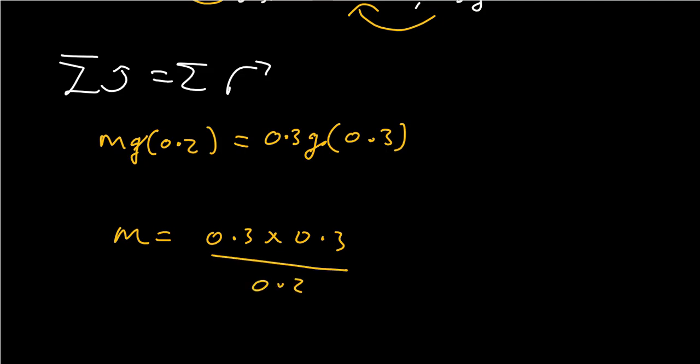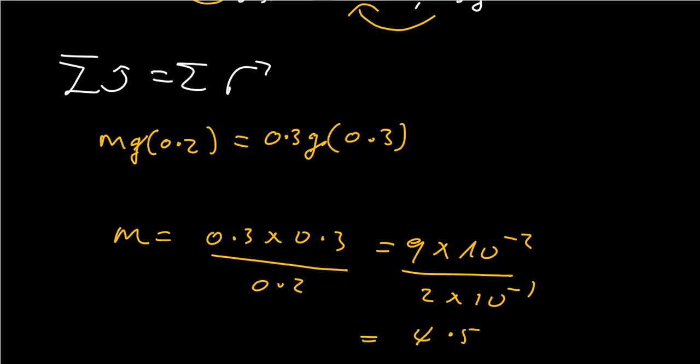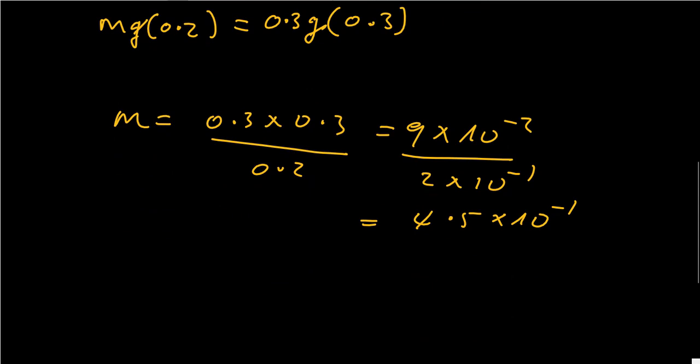So 0.3 times 0.3 is 9 times 10 to the negative 2. All of this divided by 2 times 10 to the negative 1. And 9 divided by 2 is 4.5, and the 10 to the negative 1 goes up, so we have times 10 to the negative 1. And so the result will be 0.45 kilogram, which is equal to 450 grams.